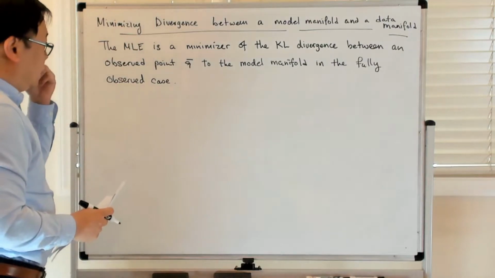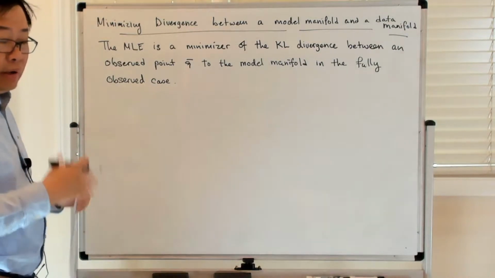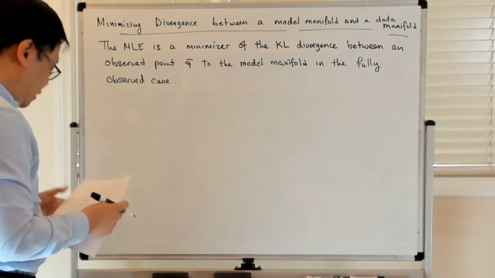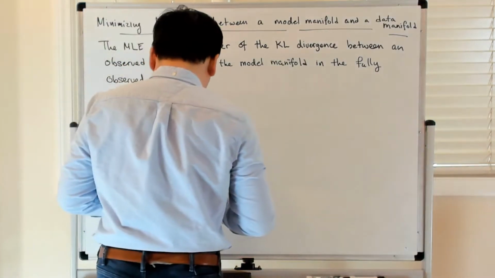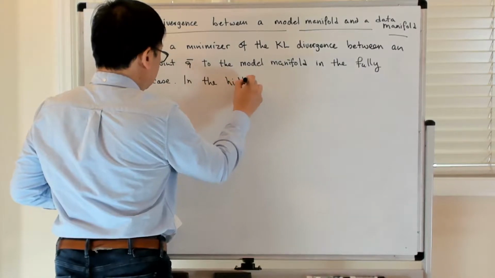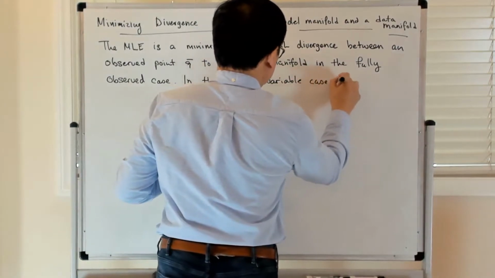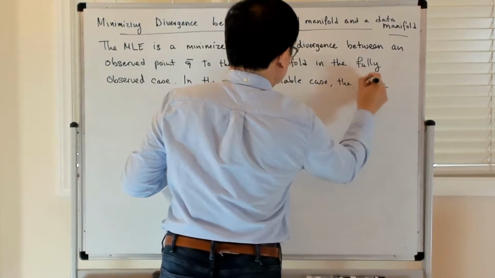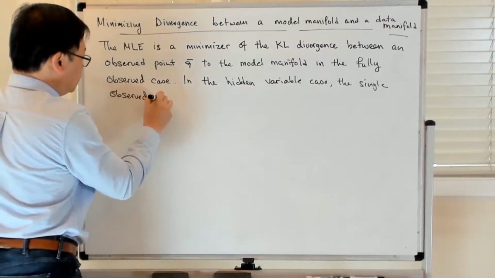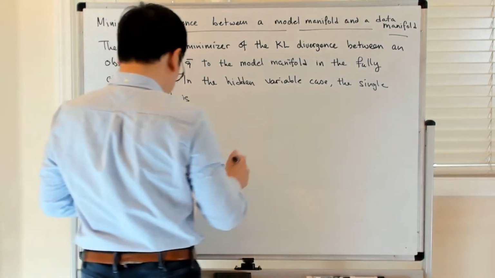And then as we discussed before, when you only have partial observations or when you have hidden variables, instead of having a single observed point, you have a data manifold associated with it. So in the hidden variable case, a single observed point is replaced with an observed data manifold.